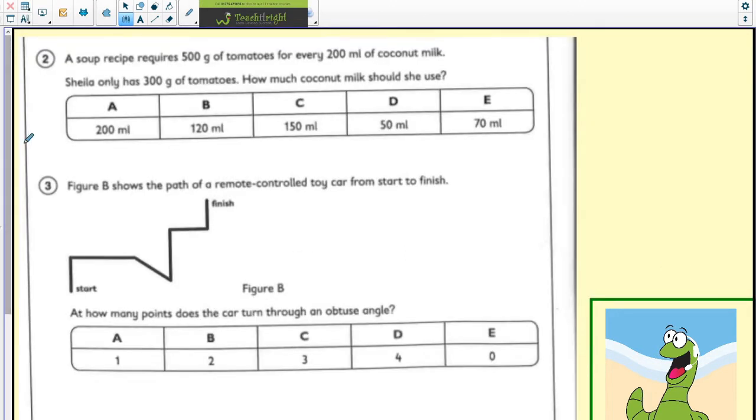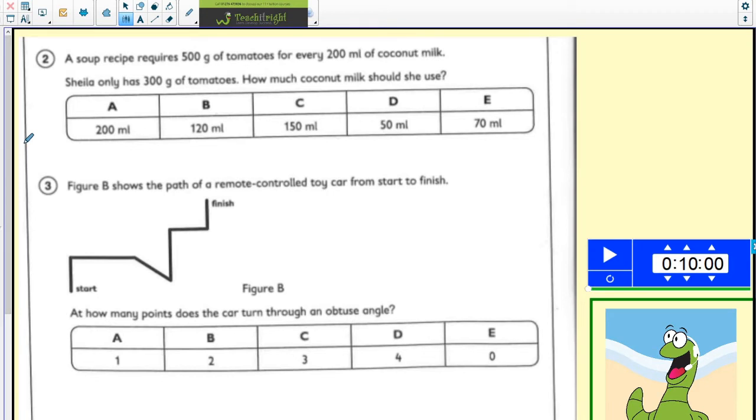Question 2. A soup recipe requires 500 grams of tomatoes for every 300 milliliters. She's only got 300 grams, so she has 300 out of the 500. So she's got 3/5 of what she needs.